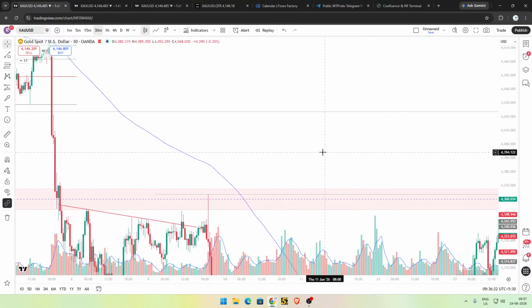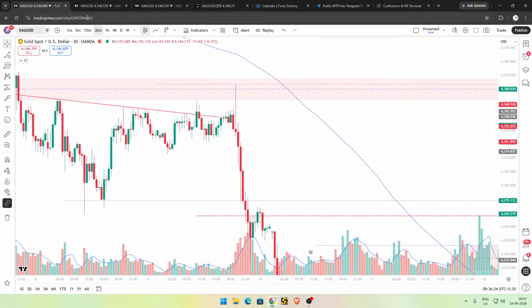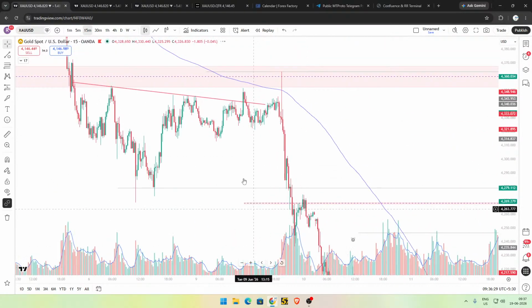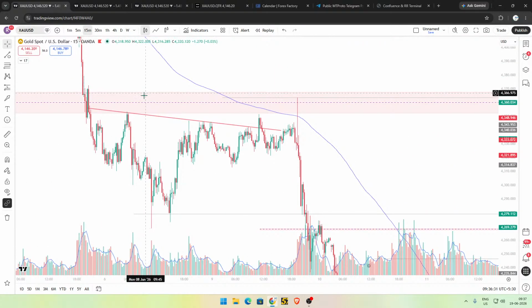Then this is the trade. So let's go to 15 minute. In 15 minute, see this is forming a head and shoulder pattern, and it formed very perfectly. But the main culprit is 200 moving average, as it has not crossed.